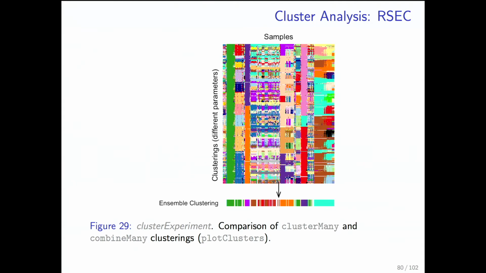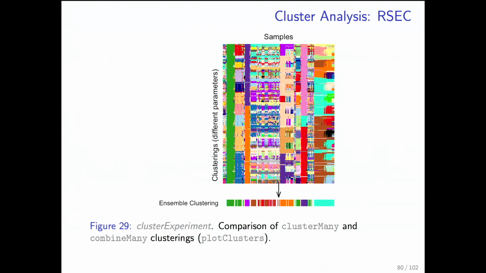And the columns correspond to the samples. There's a fixed ordering at the top. What changes is the color labels for the clusters, and we try to maximize the overlap by choosing the colors differently in each row. So you can see that for some samples, there's a pretty stable clustering across methods, but for others, there's a lot of noise.